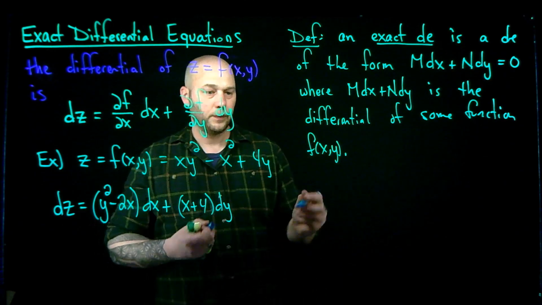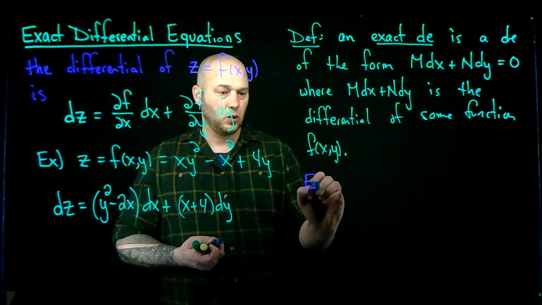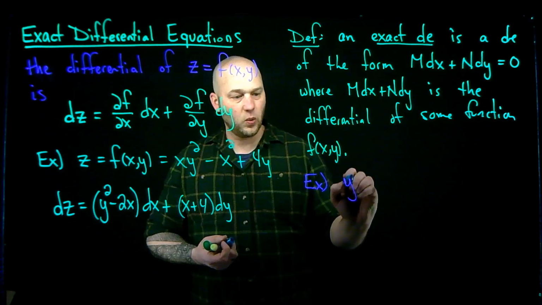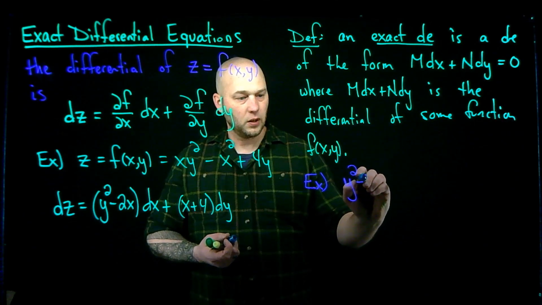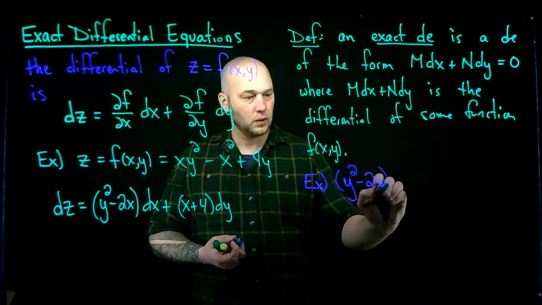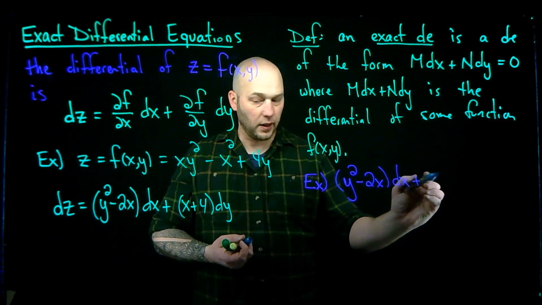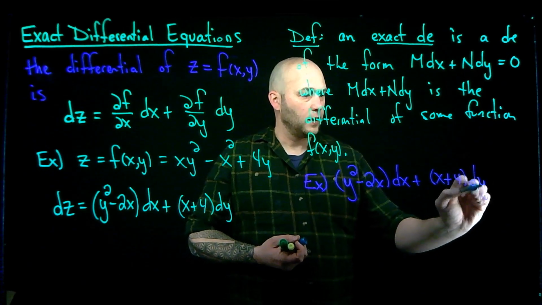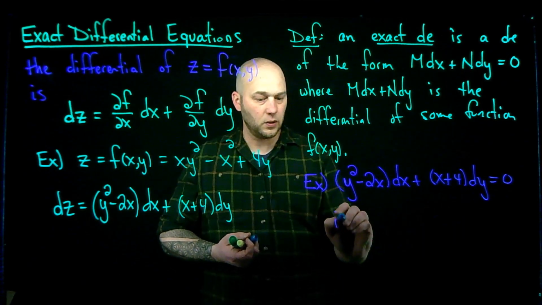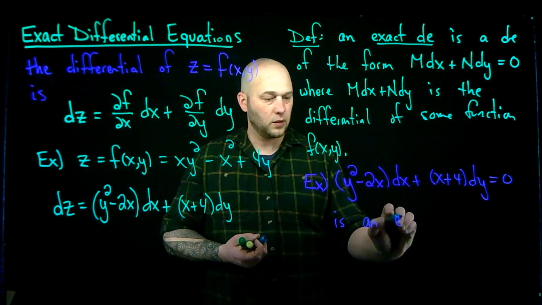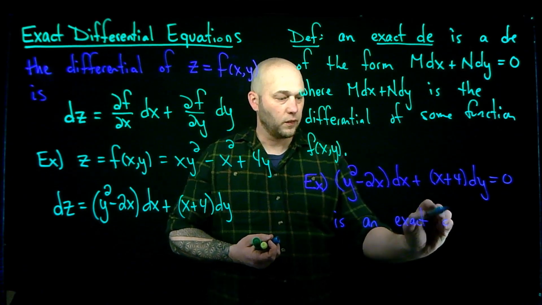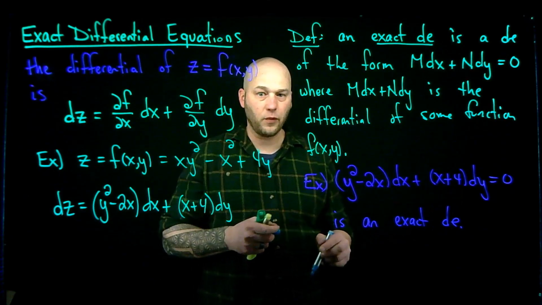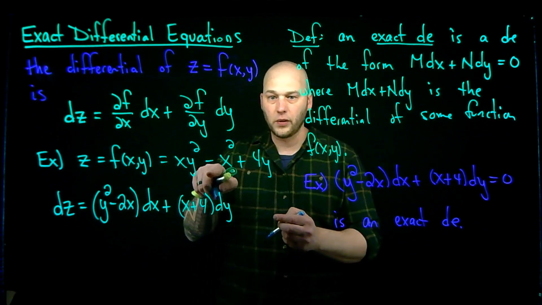For example, let's do one that should be obvious based on what I have written on the board. y squared minus 2x, dx, plus x plus 4, dy, equal to 0 is an exact differential equation, because we saw that this came from computing the differential of this function right here.